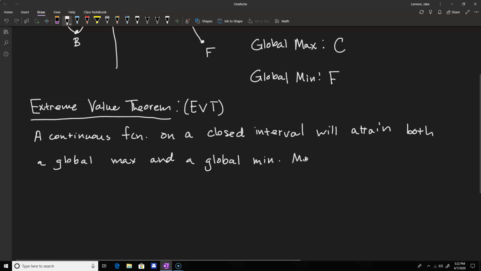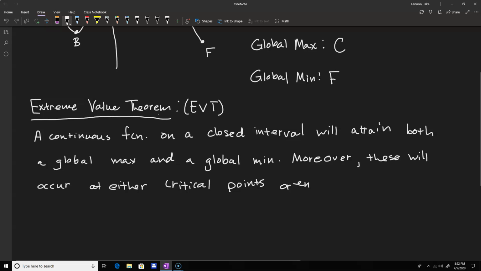Moreover, these will occur at either critical points or endpoints. So let's look at some examples on how to apply this.